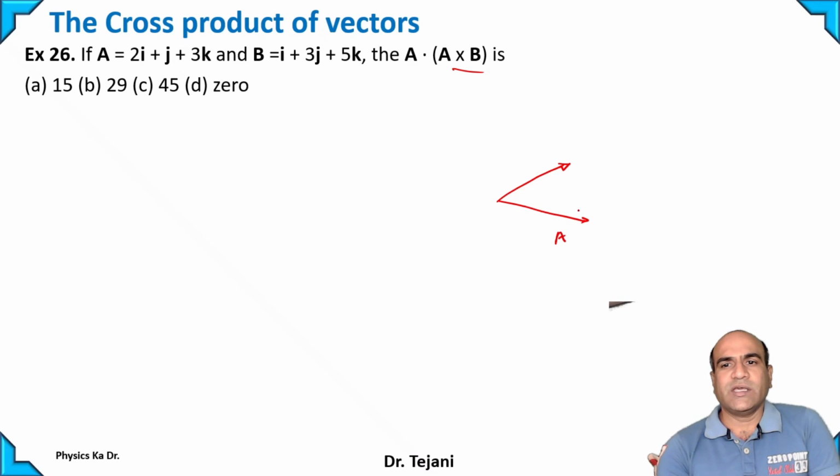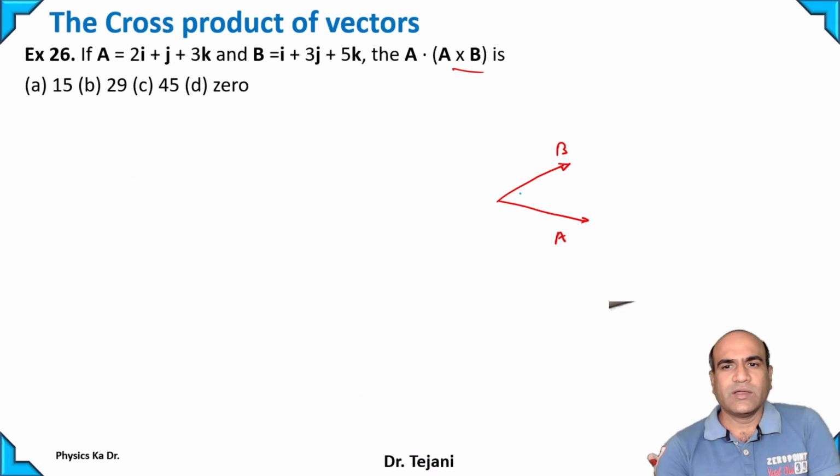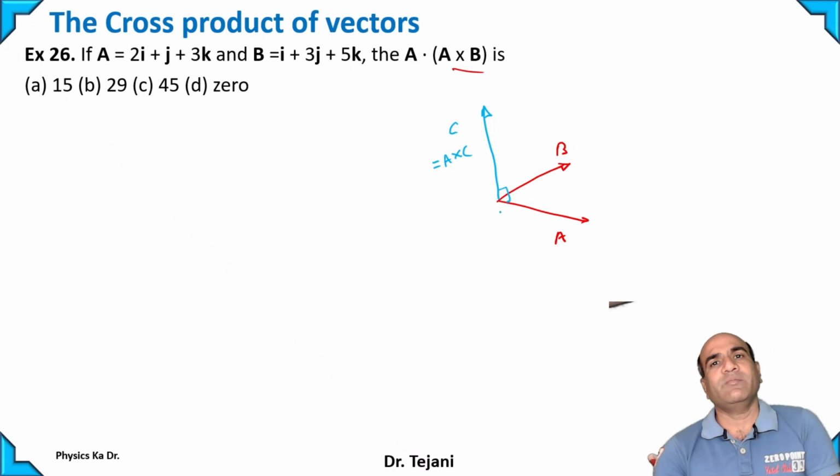Say for example, this is A, this is B, and let us assume some value of its cross product. Let us say C. So C is equal to A cross B, which is always perpendicular to this A and B. That means perpendicular to A and B. And if you see this question, it is asked that this A cross B, we assume that it is C, and that is C is showing here.